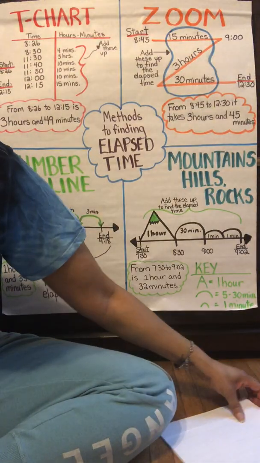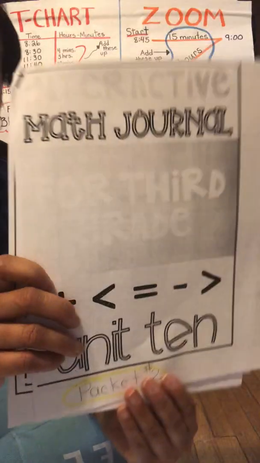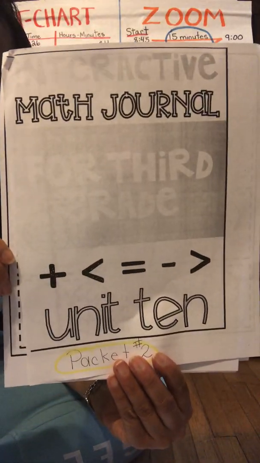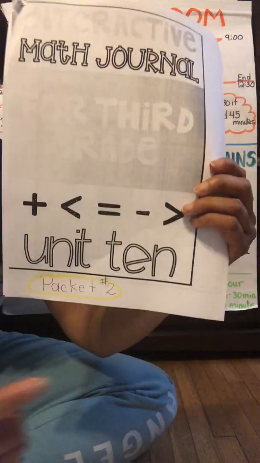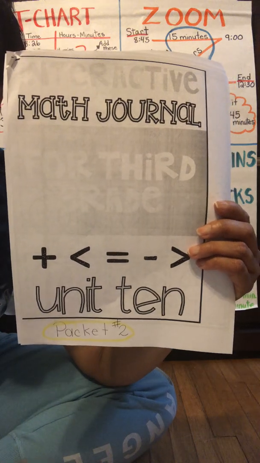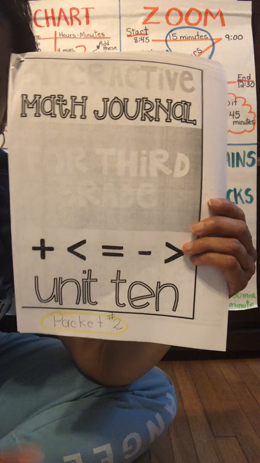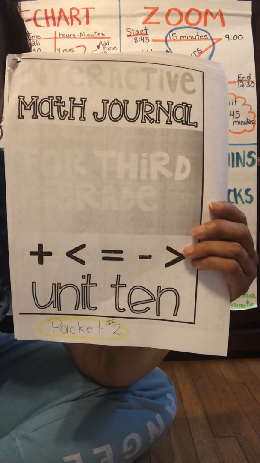Now, if you wanted to move on and do packet number 2, which is this one, the math journal, you could have done that. At the bottom it says packet number 2, but the pages in this packet are kind of difficult to do if you didn't do packet 1. So that's again why I started teaching from packet 1.